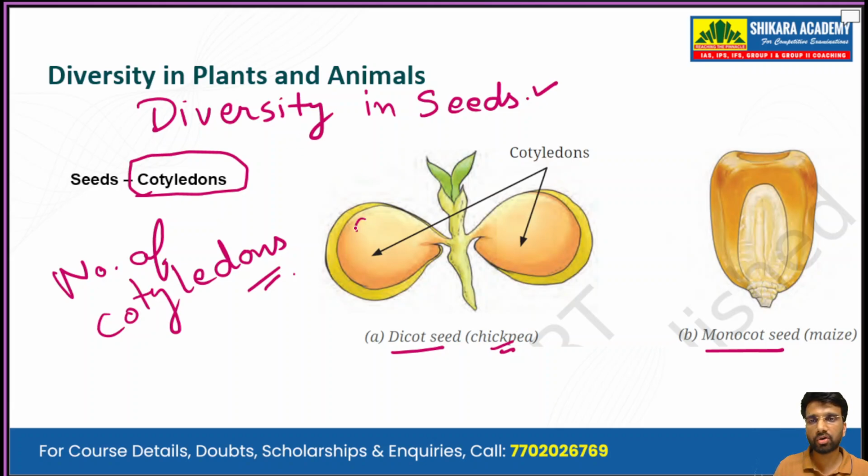Each part is called a cotyledon. Plants that have seeds with two cotyledons are called dicotyledons or dicots. On the other hand, maize has a single thin cotyledon. Plants with such seeds are called monocotyledons or monocots.